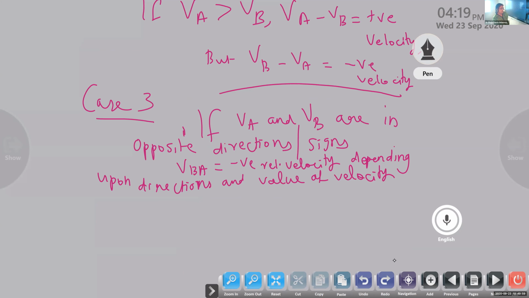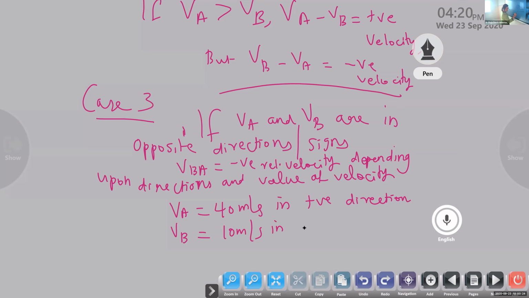Suppose, for example, I will show you without the graph. VA is 40 meter per second in positive direction, and VB is 10 meter per second in negative direction.